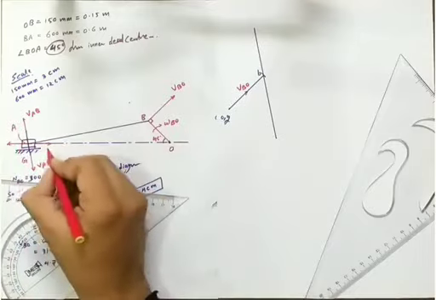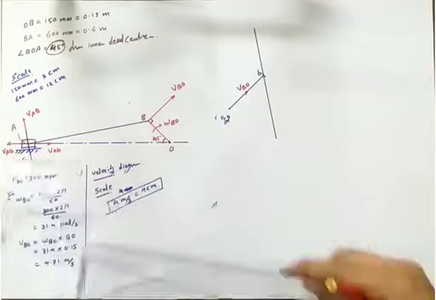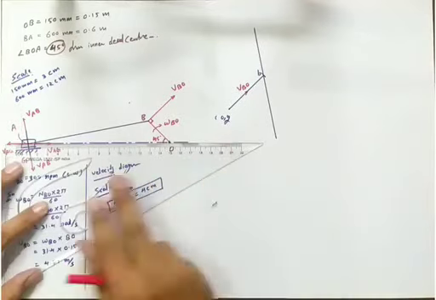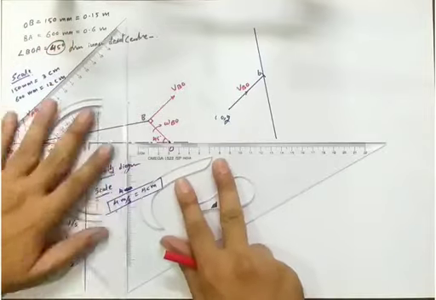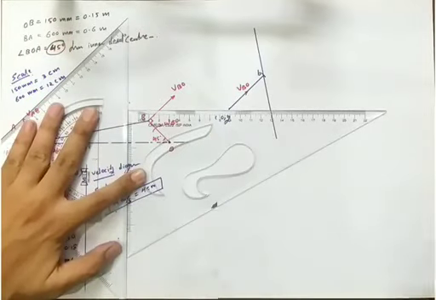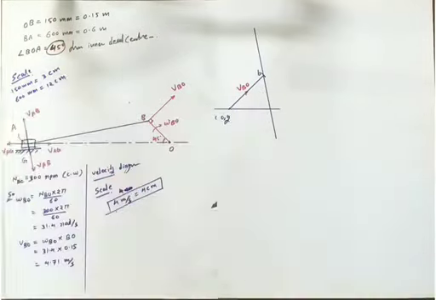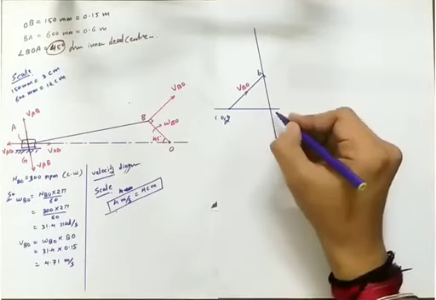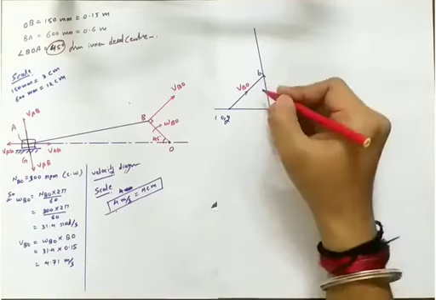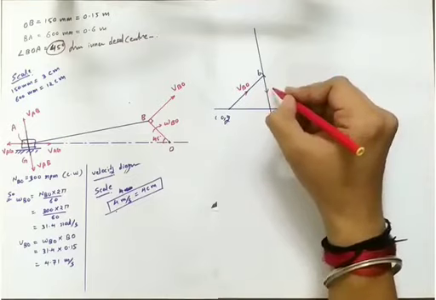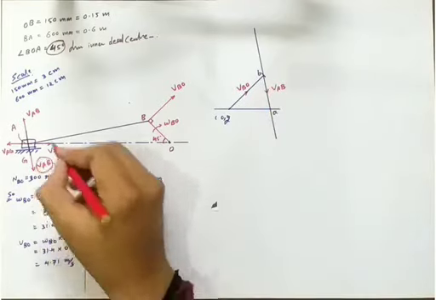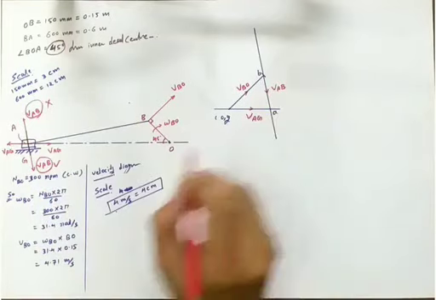So VAB and VAG, so we will shift this direction to this velocity diagram. By shifting it, you can see there are two velocities, and the intersection of both velocities will be A. So that is point A, and this is VAB. Okay, so this prediction is right, this is wrong, and this is VAG, and this is right, and this is wrong.